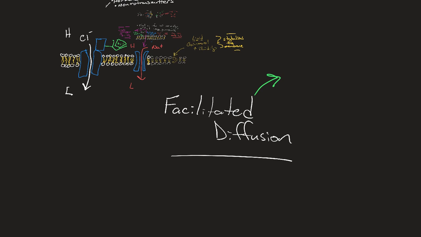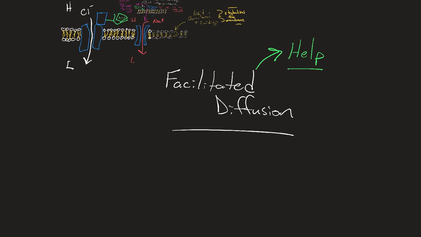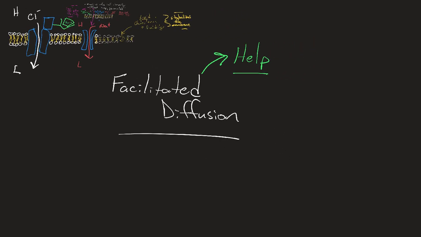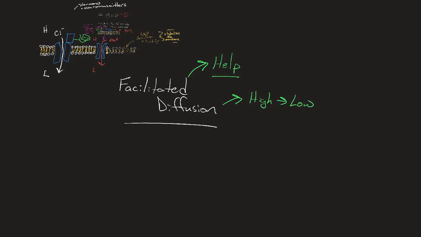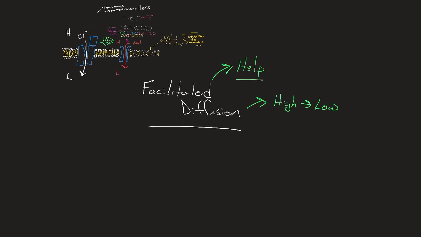If I facilitate your education, I'm helping your education. If I facilitate your removal, I'm helping you being removed. So, help. And diffusion means what? High to low. So it's helping things go from high to low, and here you're talking mostly proteins.